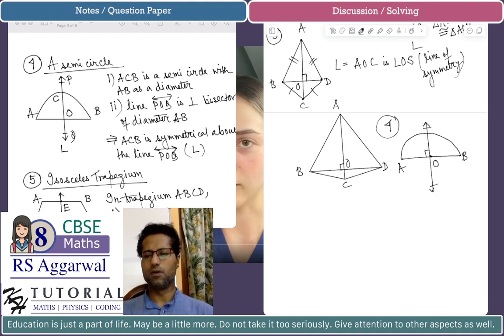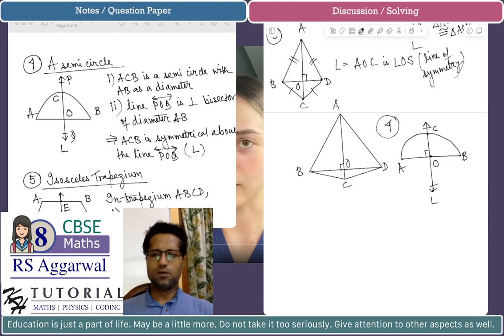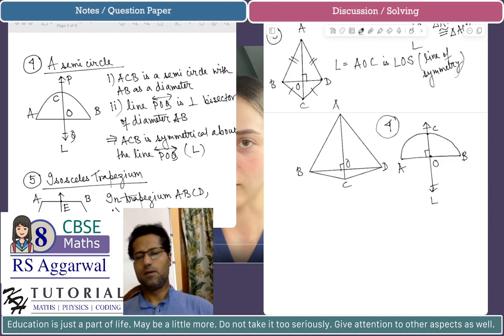Let's say the semicircle intersects this line at C, so the semicircle is ACB. The semicircle ACB is symmetric about the line L, where the line L is perpendicular to the diameter AB and passes through the center O. That is the line of symmetry for a semicircle.